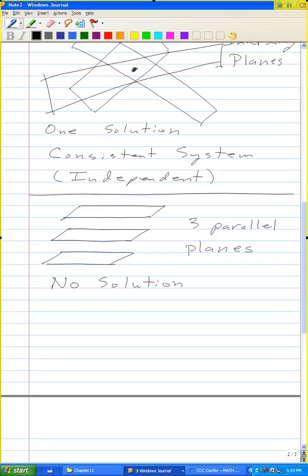So the number of solutions is 0. So this is called an inconsistent system. Again, it's independent.